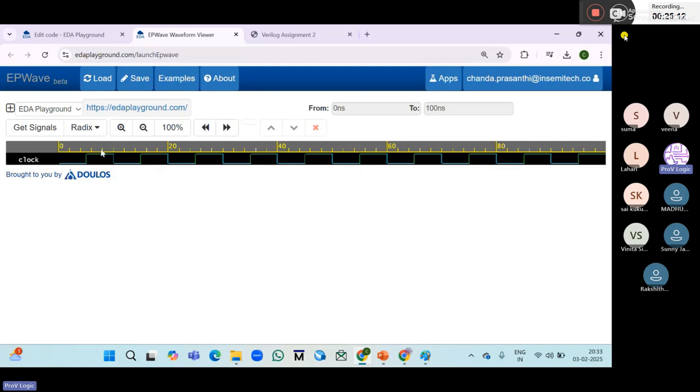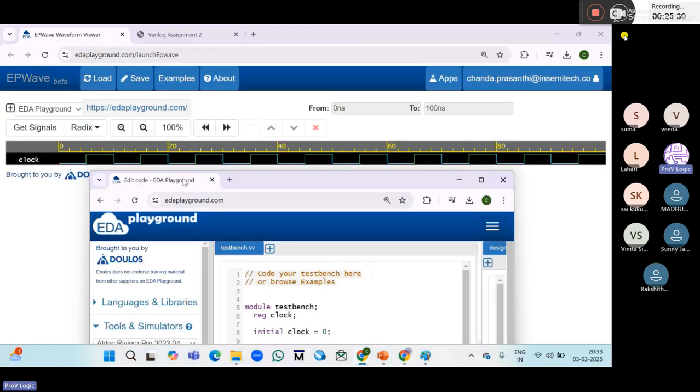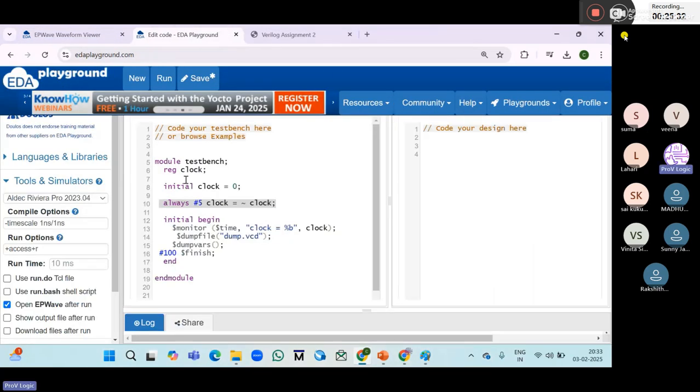Every 5 time units it is changing. See, till here 10, 20, 30, 40, 50, 60. Every sequential logic circuit, whether a flip-flop, register, counter, memory, or finite state machine, needs to use this clock. Very simple. You just need to mention these 2 lines.